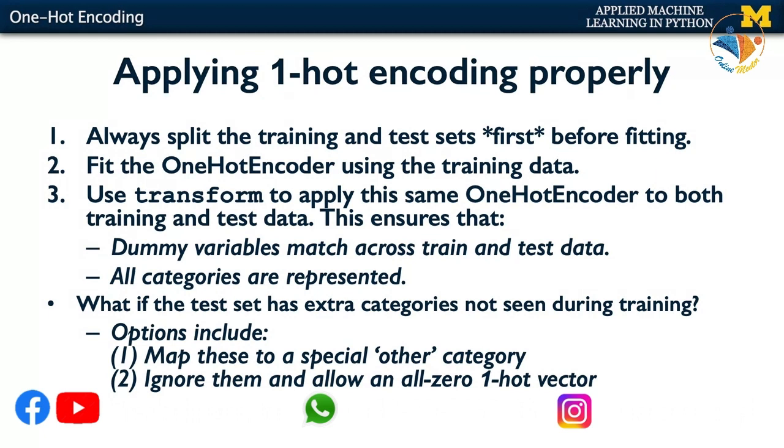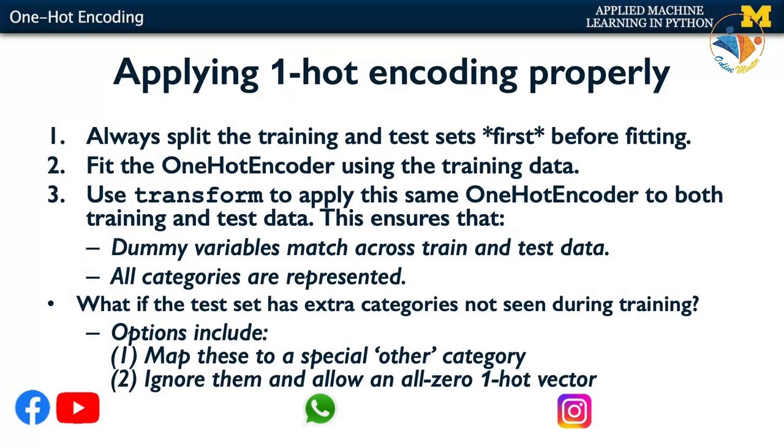So you need to make sure you use the same one-hot encoder for training and test, and that you've only trained it using the training data. That makes sure that dummy variables match across the training and test data and that all categories are represented. A question that comes up is what happens if the test set has extra categories we didn't see during training?